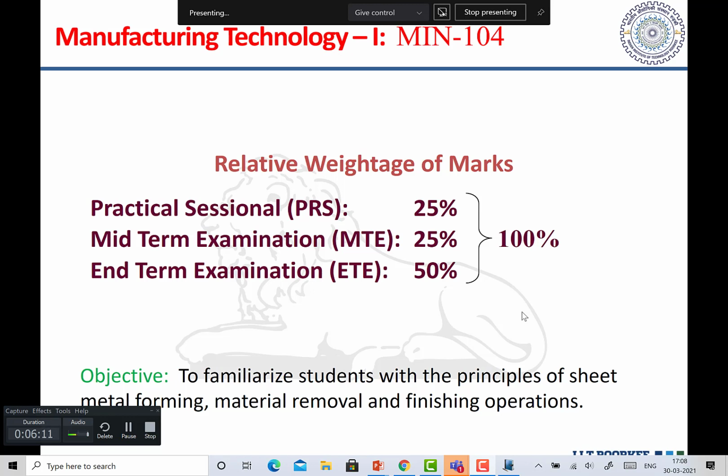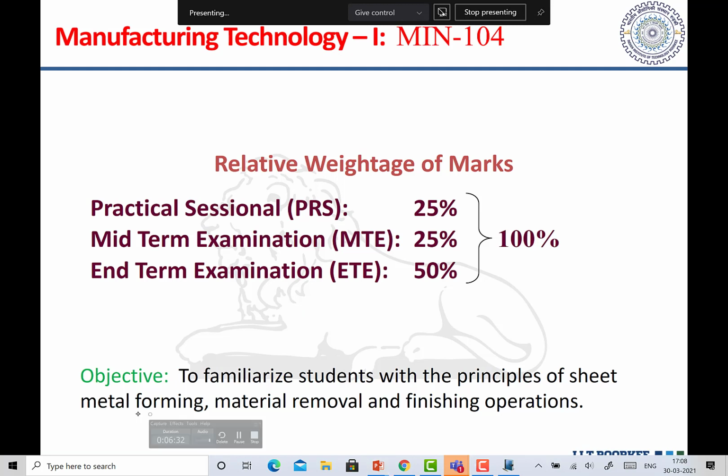We'll share actual demonstrations of the different processes which are carried out on different machines, about which you'll be studying in this subject, and then based on your understanding of the subject, practical assessment will be carried out. Then midterm, then end term examination weightage will be 50%.